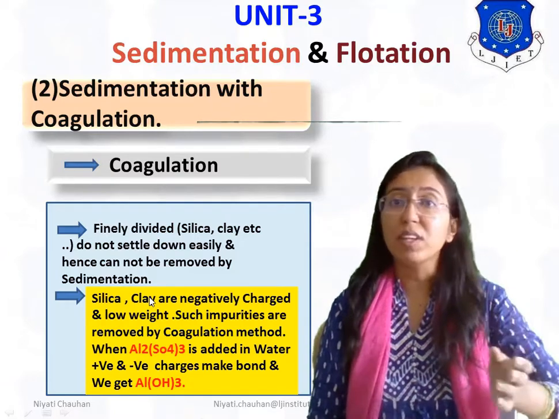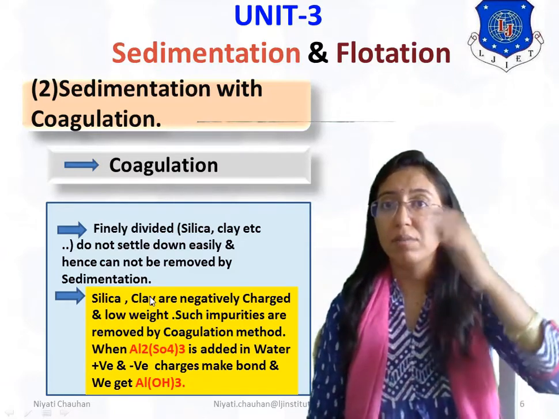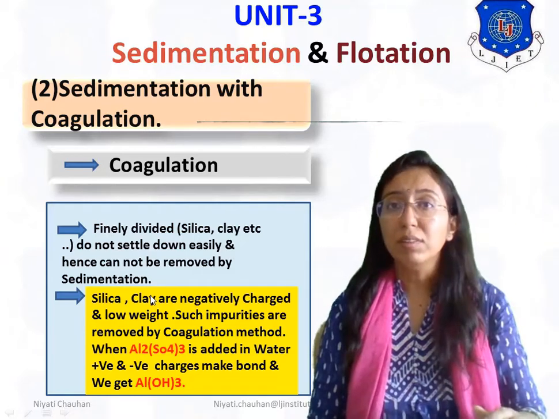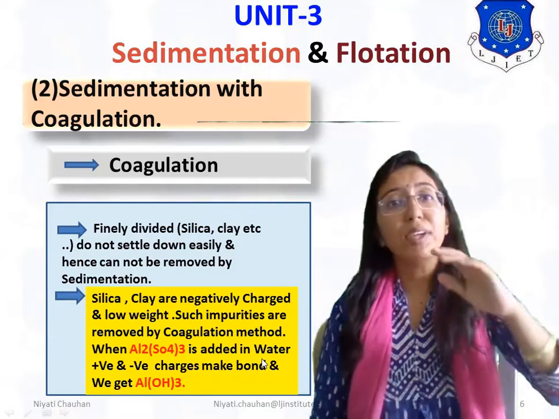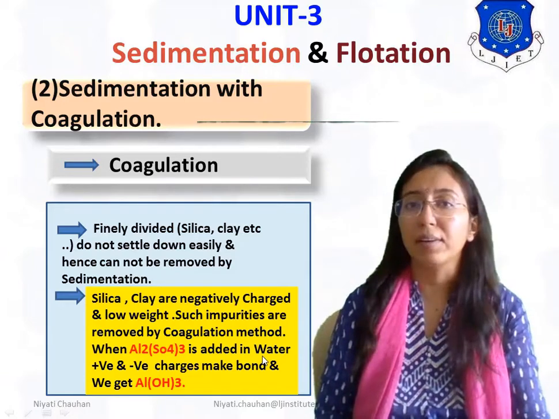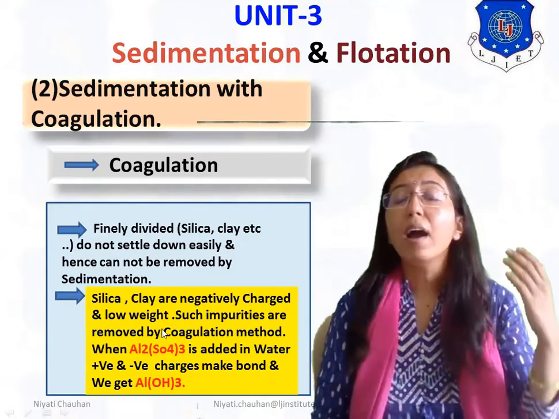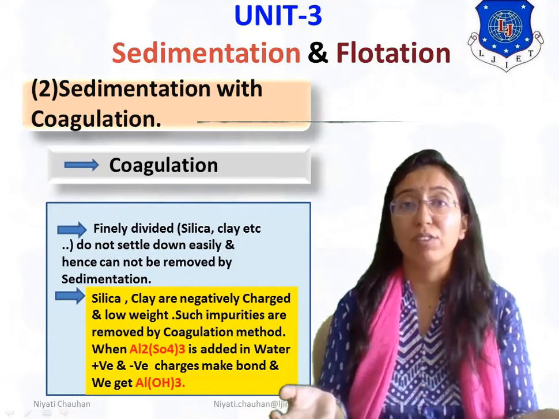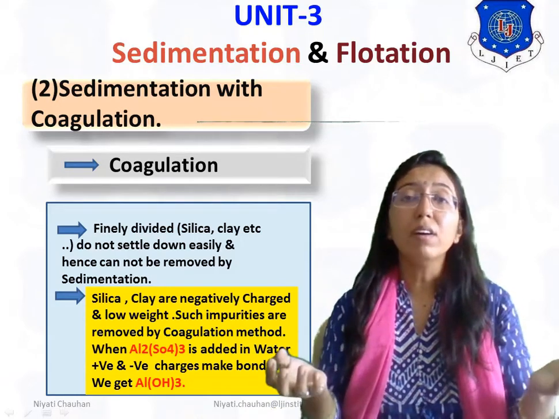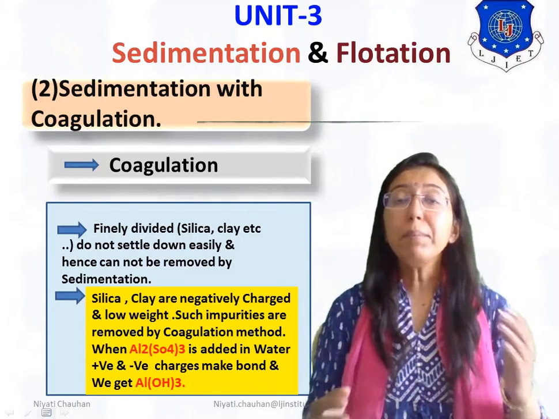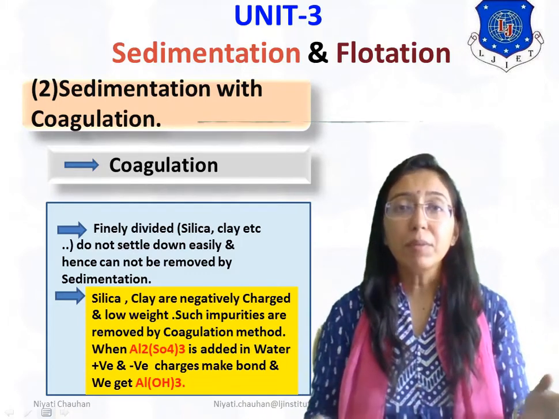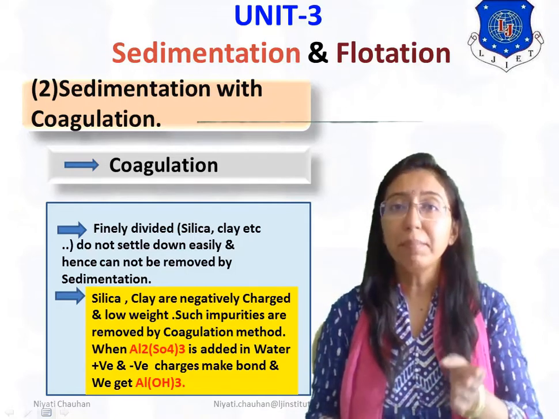By using simple sedimentation, we cannot settle all those particles, right? So here we are adding coagulant. Silica and clay have negative charge and also low weight. Such impurities are removed by the coagulation method.